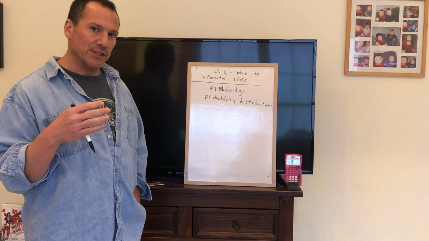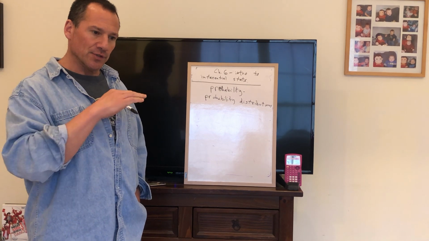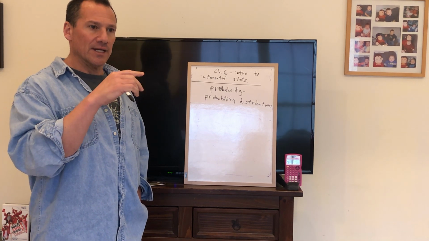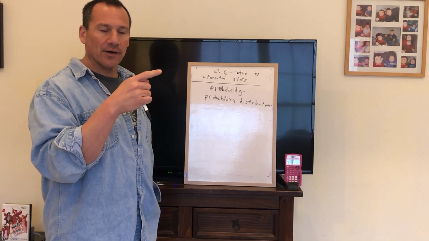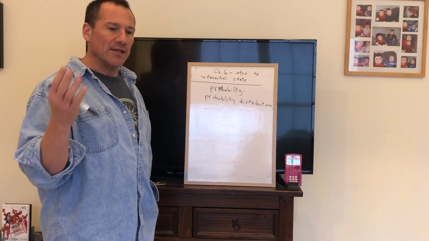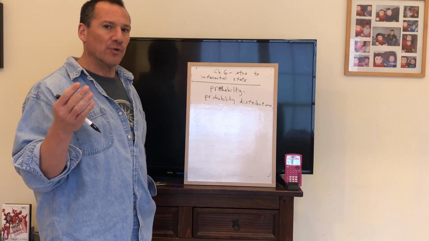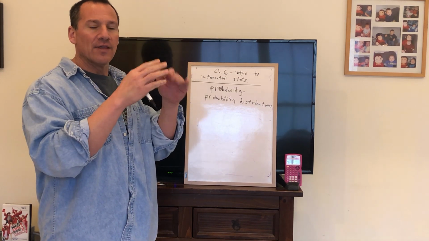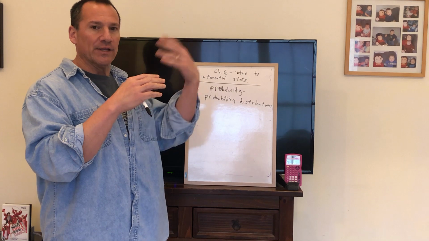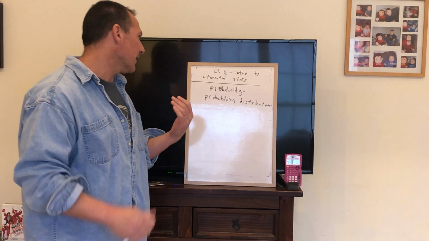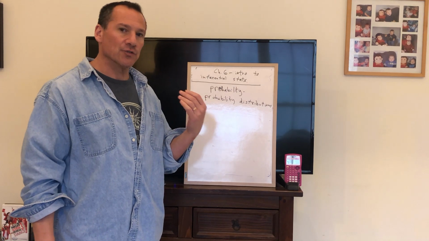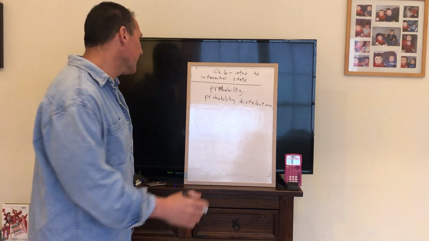A frequency distribution is a distribution of scores, and it tells you how frequent different values are. So if we had 10 people take a test and 3 people got an 85, that value of 85 would have a frequency of 3, because 3 people got that. Frequency distributions correspond to actual data.